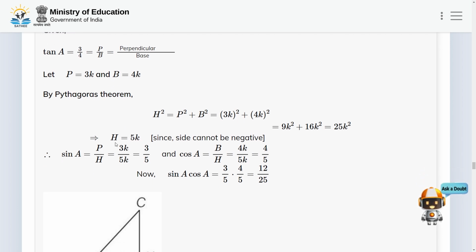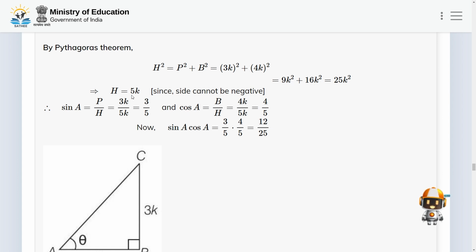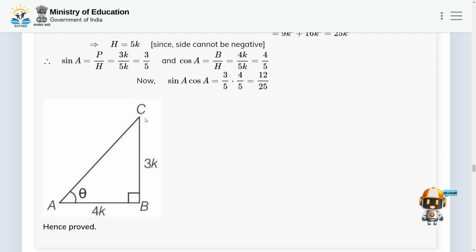Okay, so hypotenuse is equal to 5 times k, and therefore sin a is equal to perpendicular divided by hypotenuse, and here the perpendicular is 3k and the hypotenuse is 5k. Okay, so therefore sin a is equal to 3k by 5k, that is equal to 3 by 5.